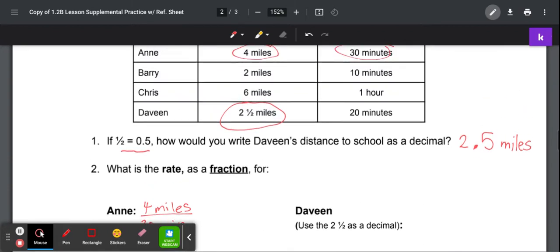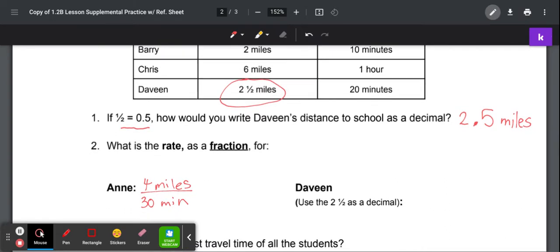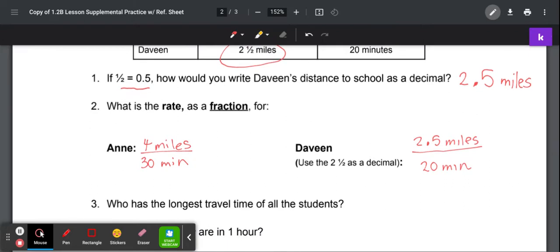Okay, so you're just writing out the rate. Davin travels 2.5 miles, so 2.5 miles in 20 minutes. So that is the rate for both of these students.